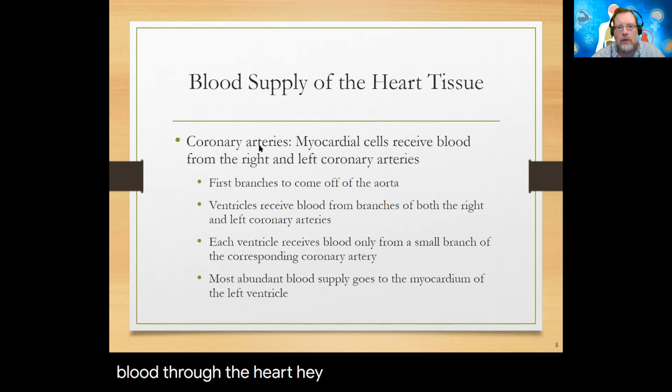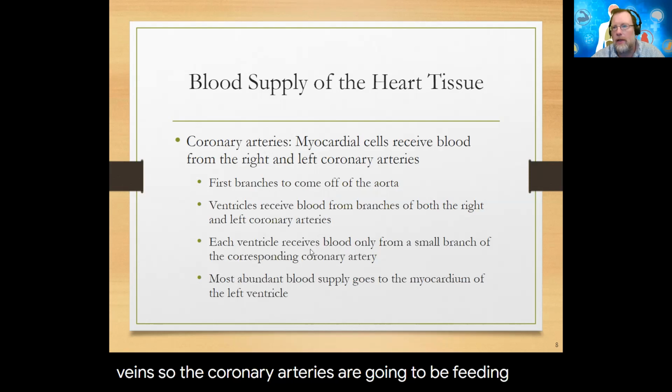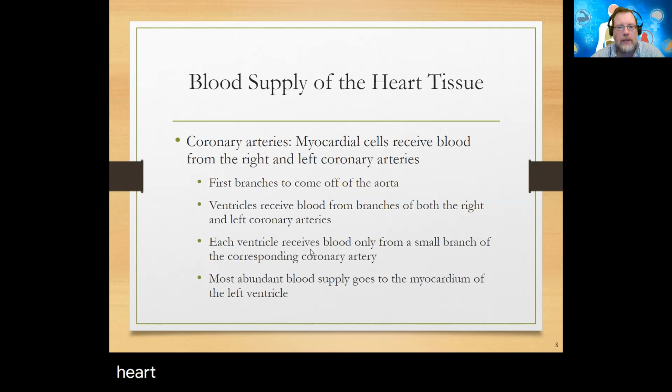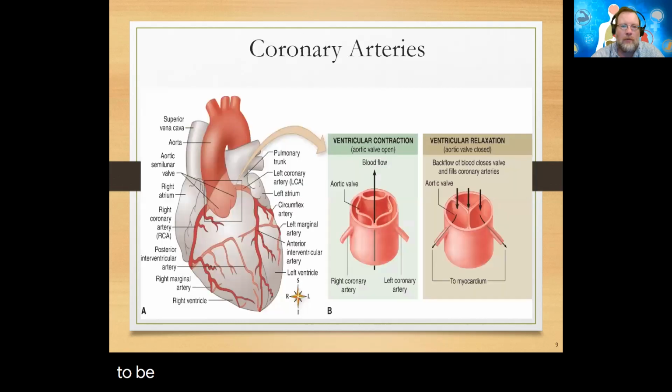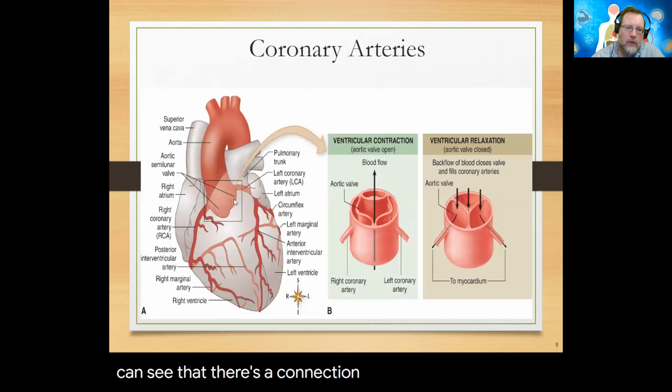Okay, so we're going to take a peek at some of these coronary arteries and cardiac veins. The coronary arteries are going to be feeding the heart muscle itself. As we look at the ventricles, we can see that there's a connection with the aortic semilunar valve.